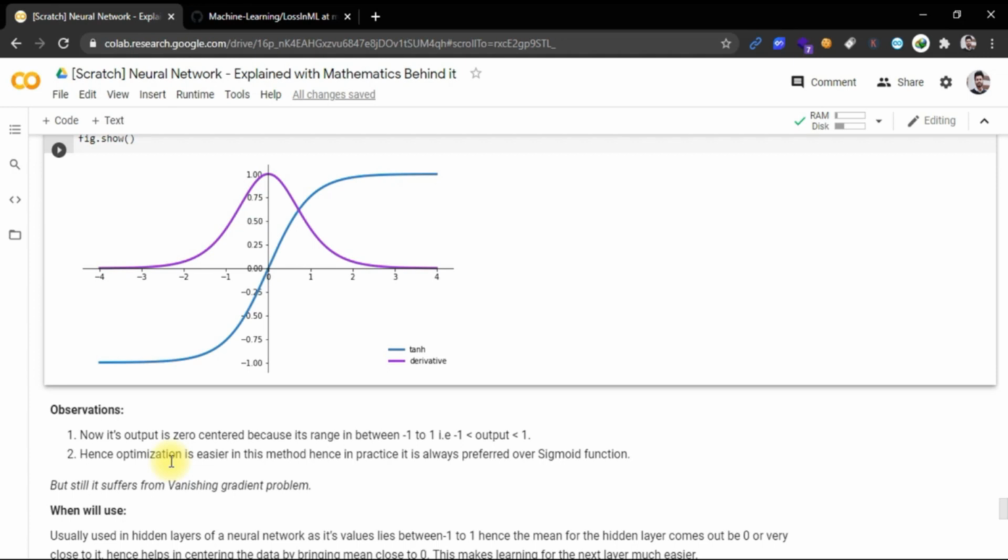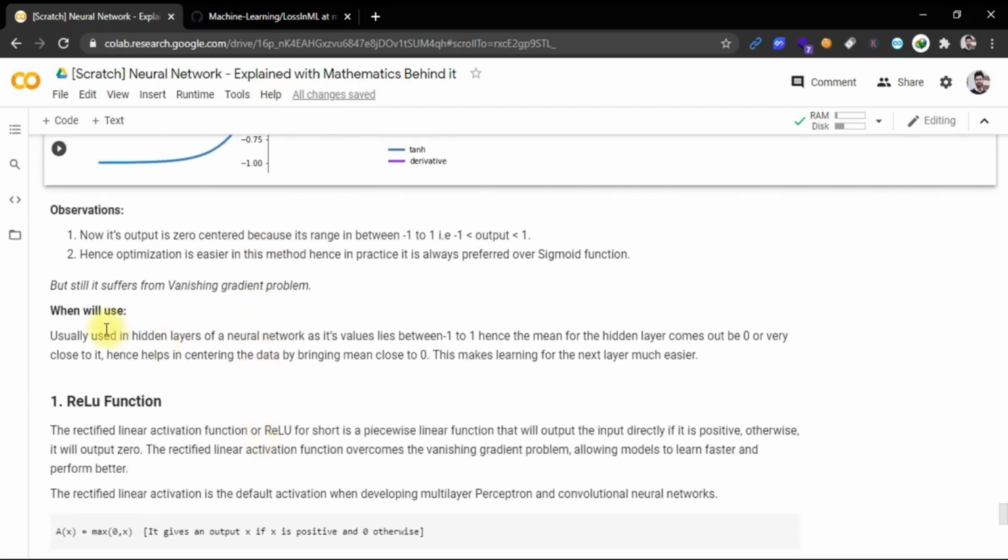If you don't want to use a sigmoid, you can use the tanh, but it still suffers from the vanishing gradient problem. I can explain the vanishing gradient problem at the end, and also make a video on that problem. It is usually used in hidden layers of a neural network, as its values lie between -1 and 1. Hence the mean of the hidden layer comes out to be 0 or very close to it, which helps in centering the data.